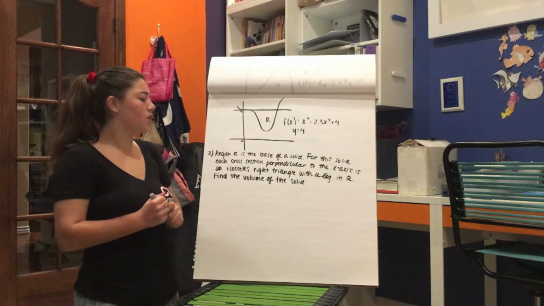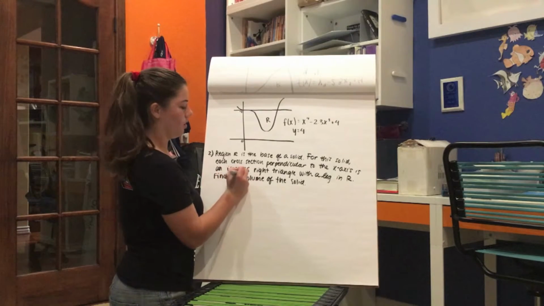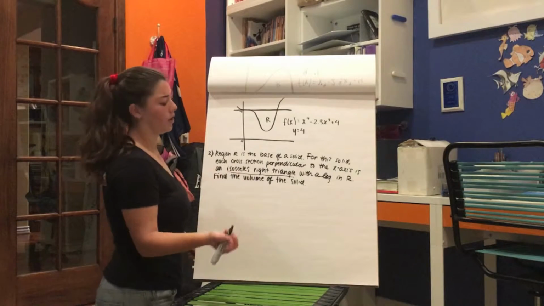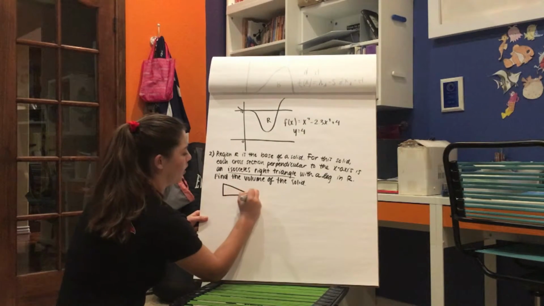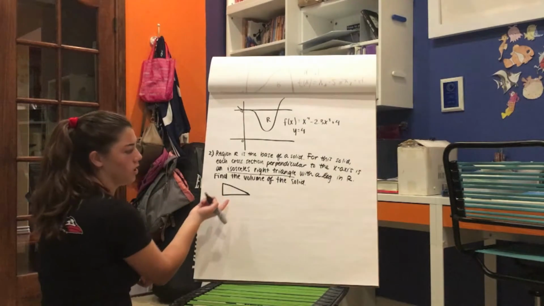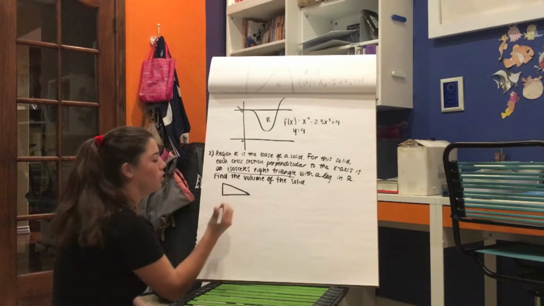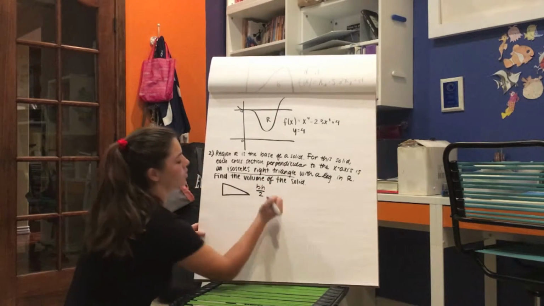So it's a cross-section question, and you want to look at your shape, which is an isosceles right triangle. This is how you're going to set up your integral. To set up your cross-section, you have to find the area of your shape. You know that the area of a triangle is base times height over 2.